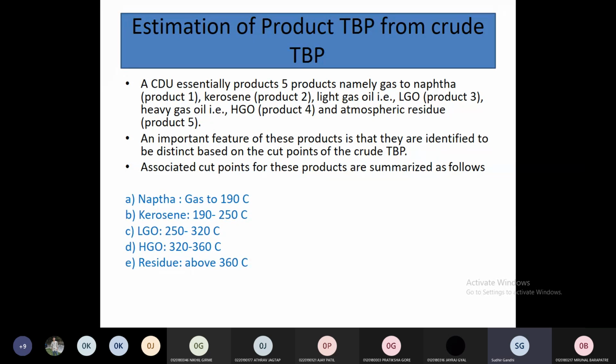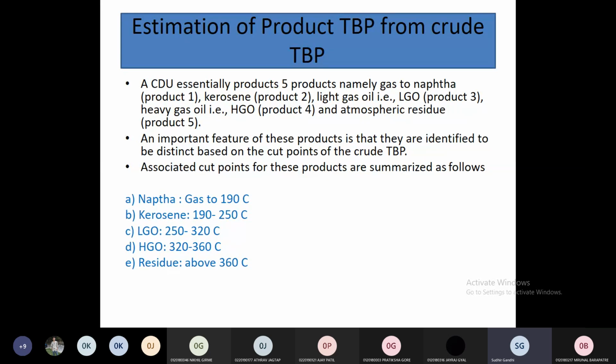So light gas oil, heavy gas oil, and residue which is coming out from the atmospheric distillation unit. These are the 5 products which will be considered in a true boiling point distillation. And typically their cut points are followed, and again these all come from Russian units, so degrees Fahrenheit are converted to degrees Celsius.